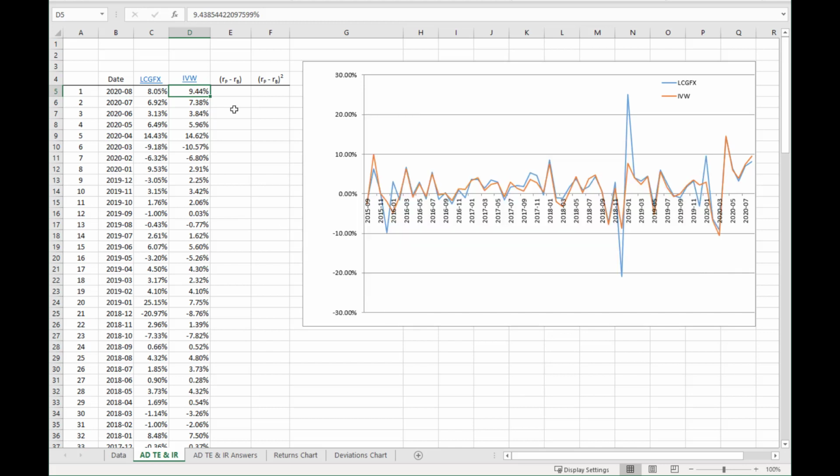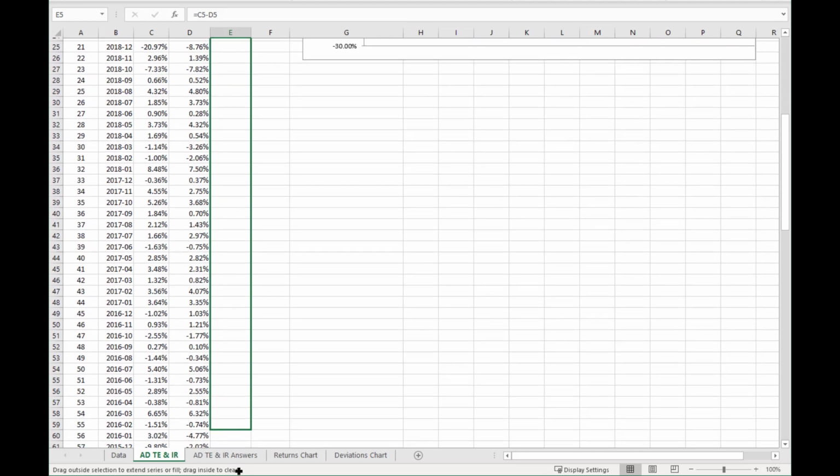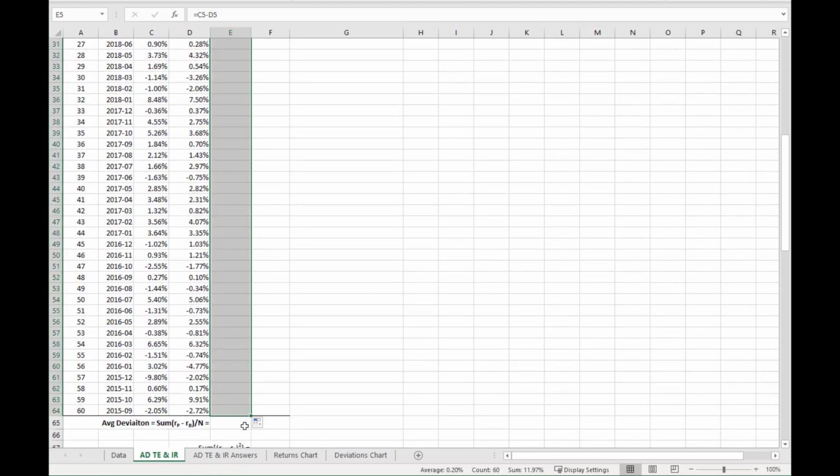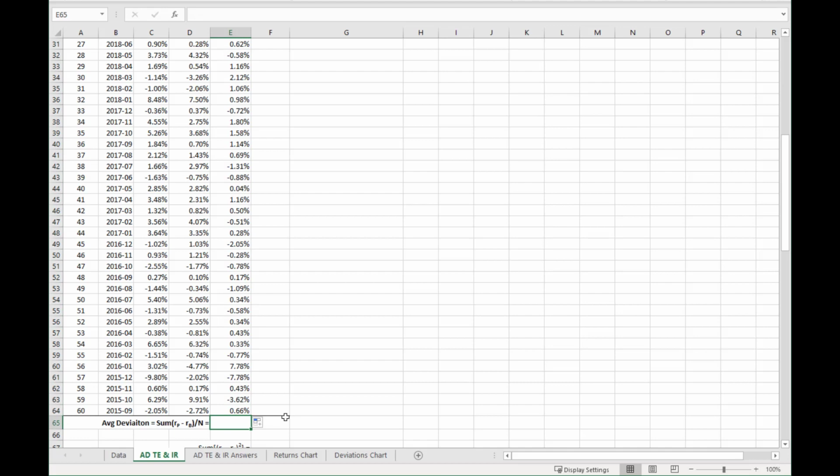So the first thing I need to do is compute the difference between the active and the benchmark in each period for these 60 months. And so I'm going to bring this down and I'm going to compute this. And this is going to give me, once I compute the average of these numbers, here I have the average deviation.